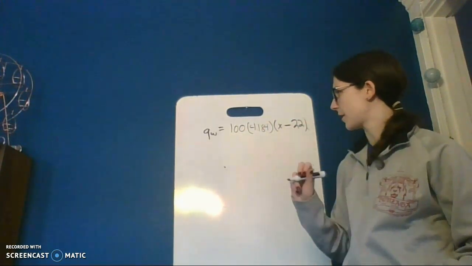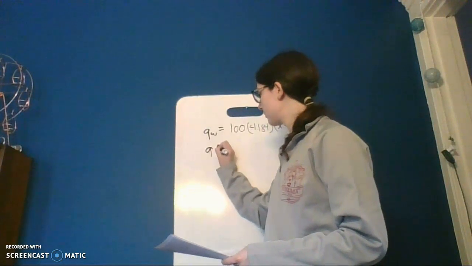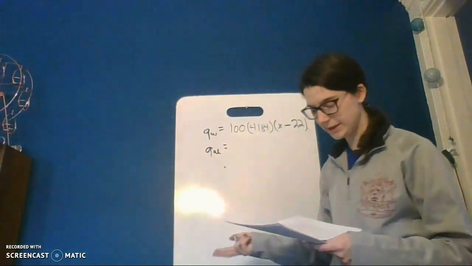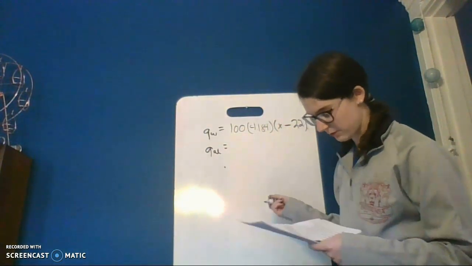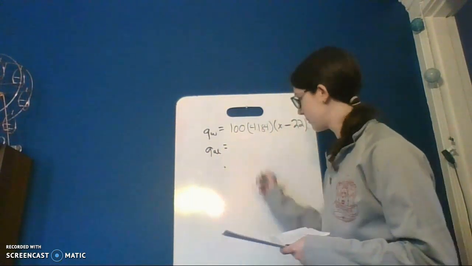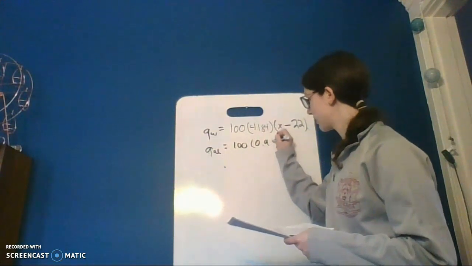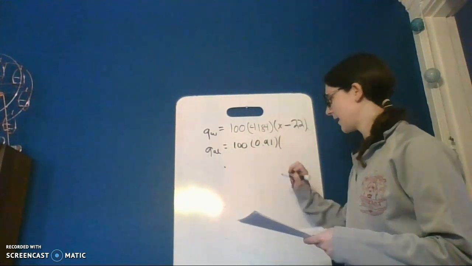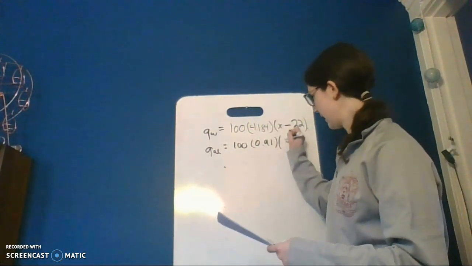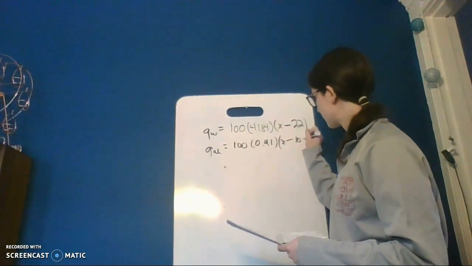So that's the Q of the water. Then we have the Q that the aluminum is releasing. So that would be equal to the mass of the aluminum, again 100, times the specific heat of aluminum, 0.91, times the change in temperature, in this case X minus 100.